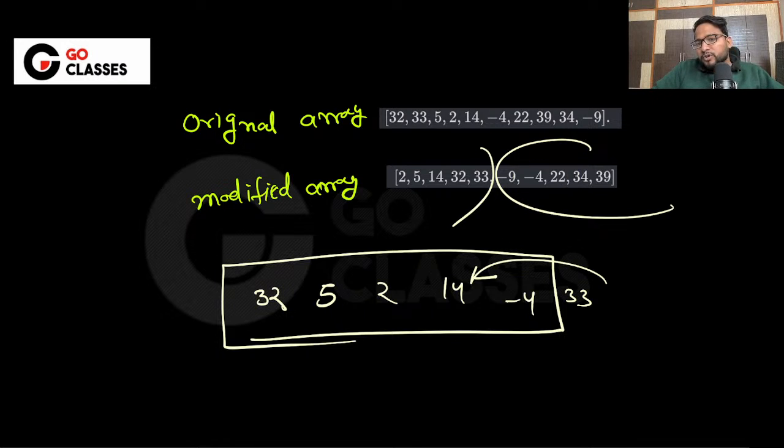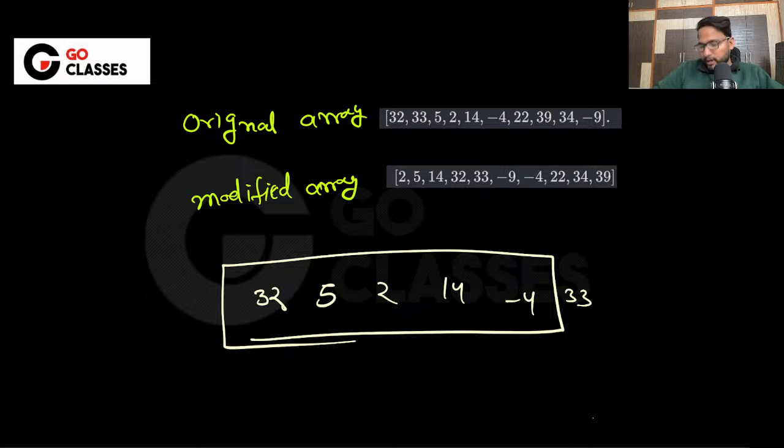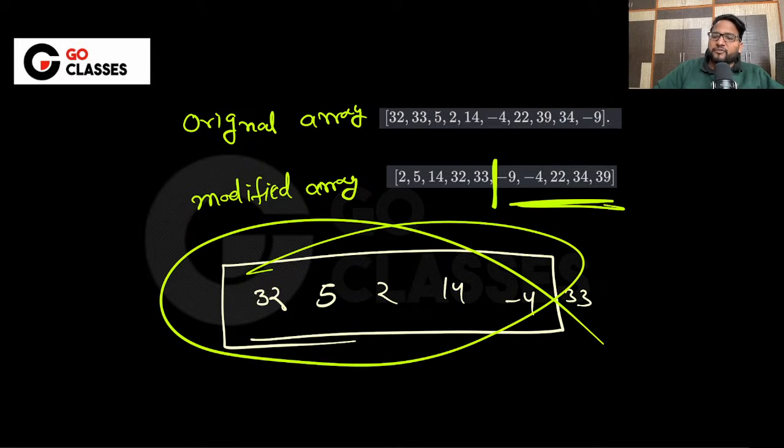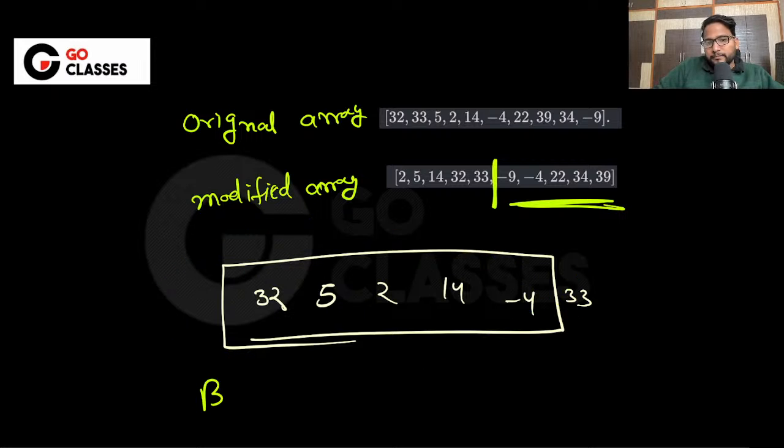In bubble sort, minus 4 is coming in the left half, but what is given here is minus 4 in the right half, so bubble sort is not possible.